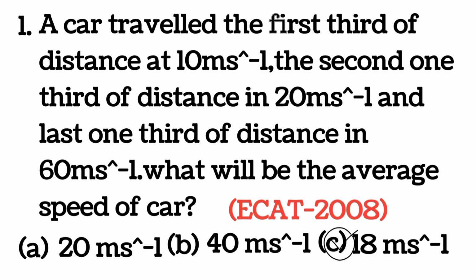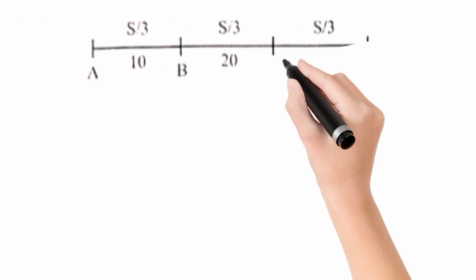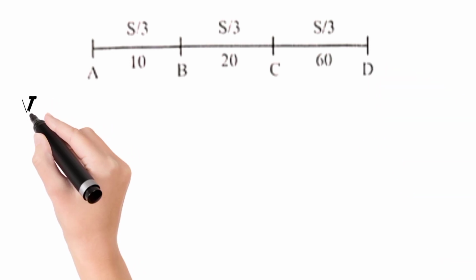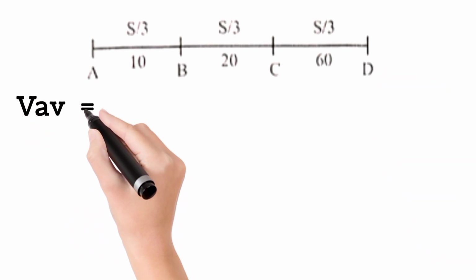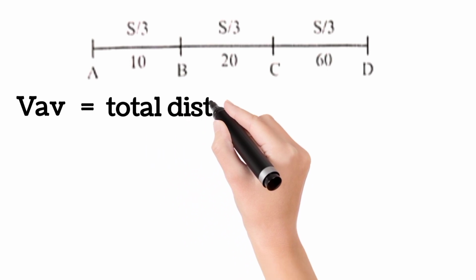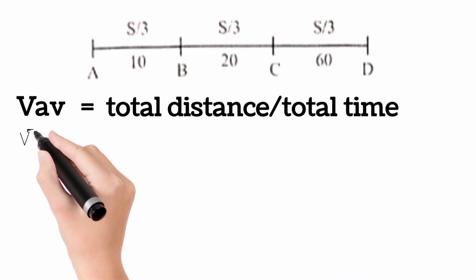Let's resolve. If we observe the distance of the body and divide it into segments, then the average speed can be calculated by total distance divided by total time.